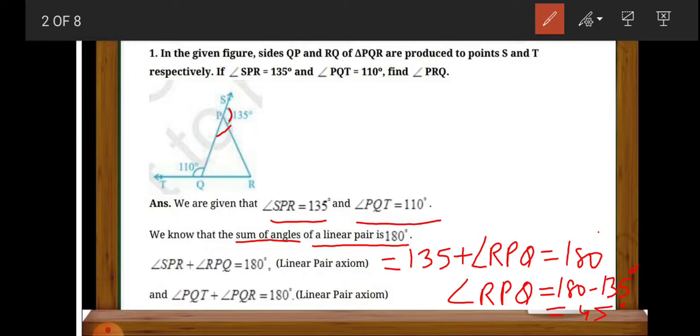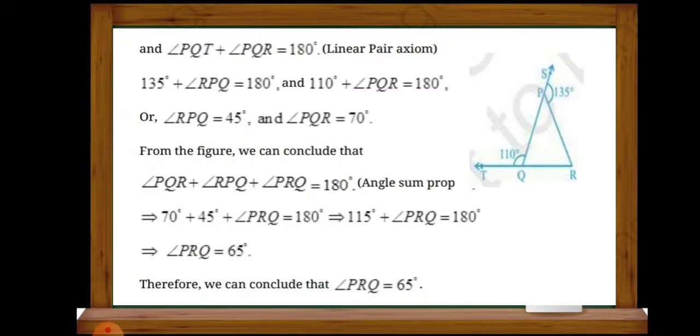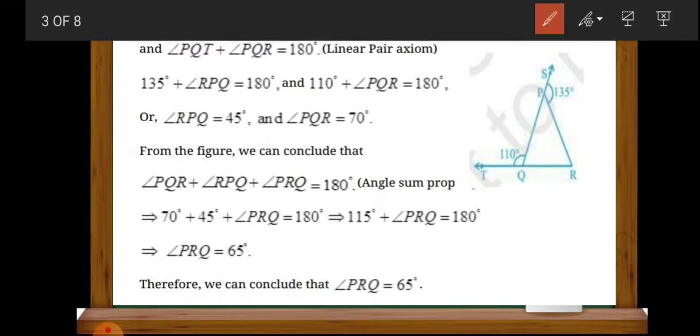Similarly, angle PQT plus angle PQR is equal to 180 degrees. The value of angle PQT is 110, plus angle PQR is equal to 180 degrees.